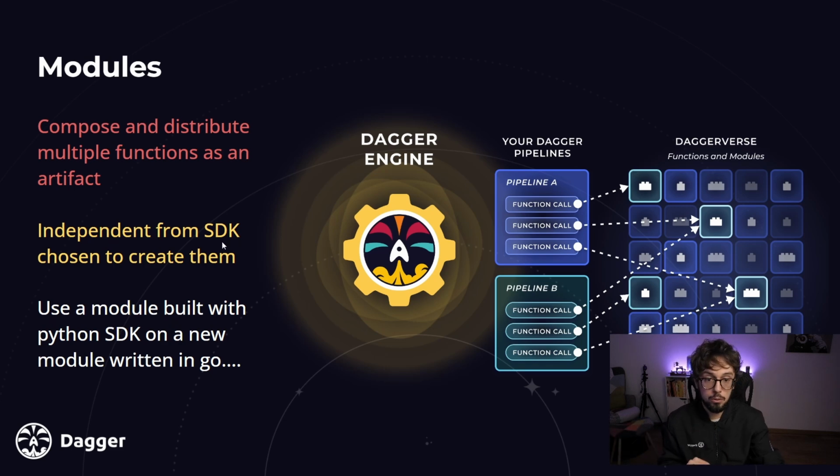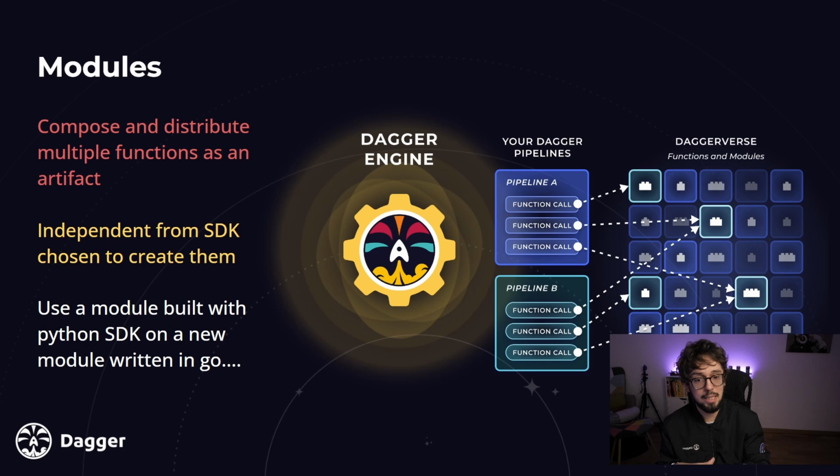You can also use modules that come from other languages. So in a certain sense, you have an engine that is translating into native APIs all you write into code.